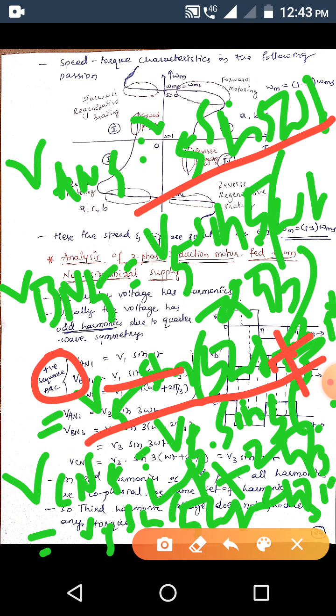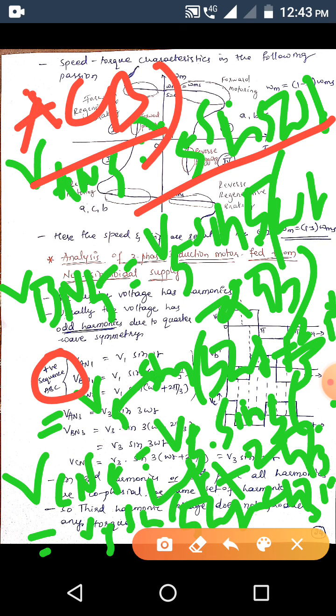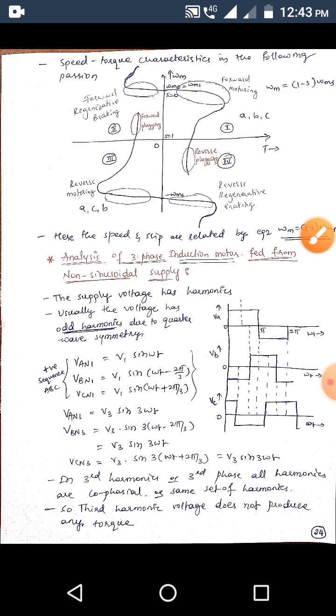So in this fifth harmonic, we got the reverse voltages, that is A, C, B. So this will be the negative sequence of the three-phase induction motor. So this is about the analysis of a three-phase induction motor fed from the non-sinusoidal supply.